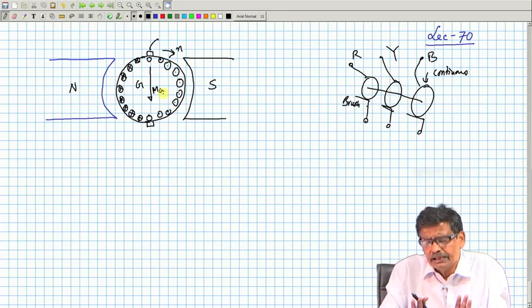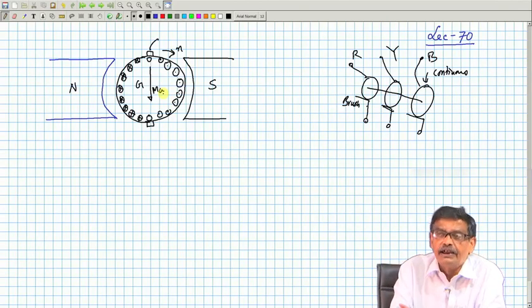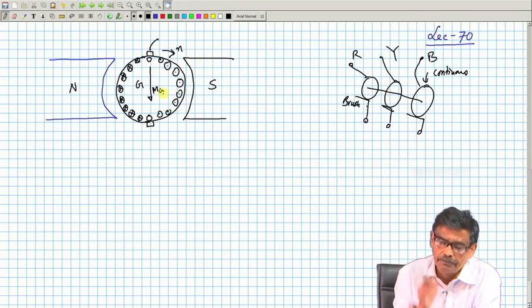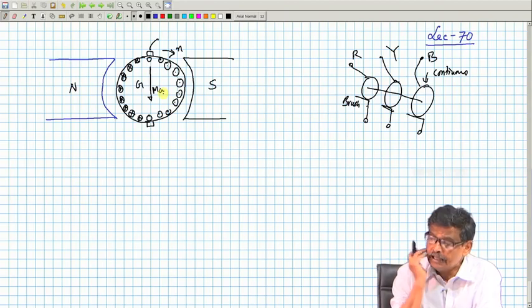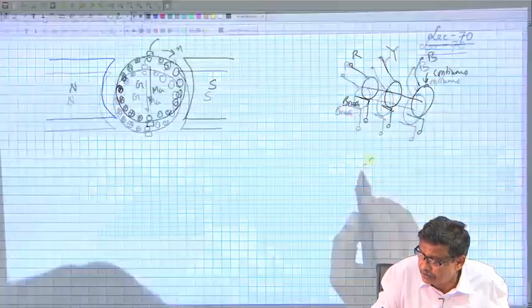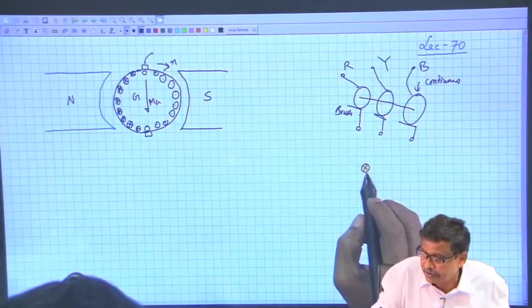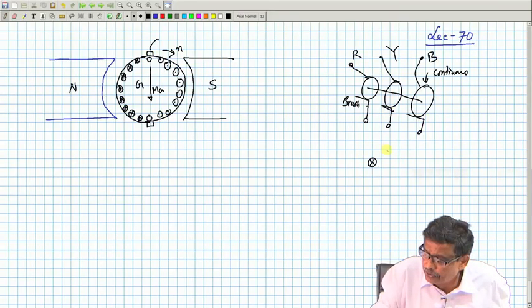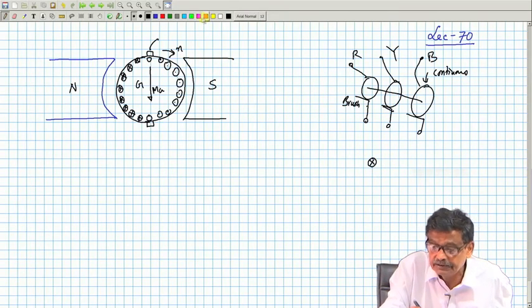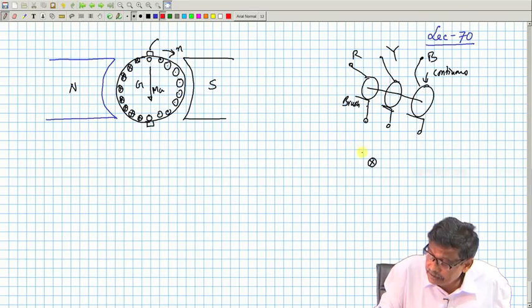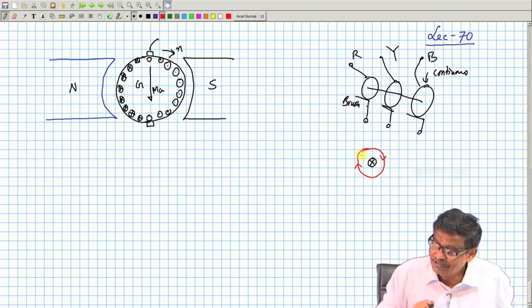See, without doing any maths, I want to nullify the effect of armature MMF. Suppose here is a conductor which carries cross current and it produces a field around it like this, we have seen, fine.